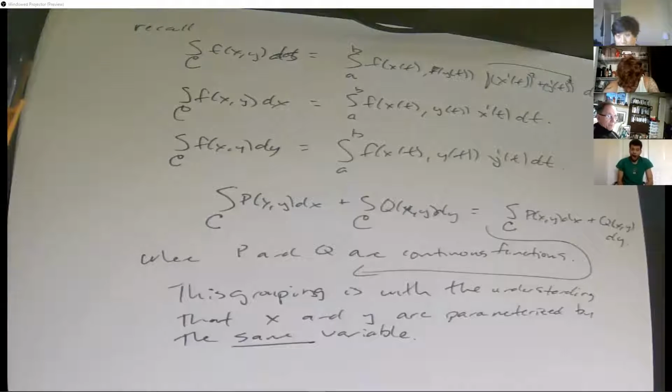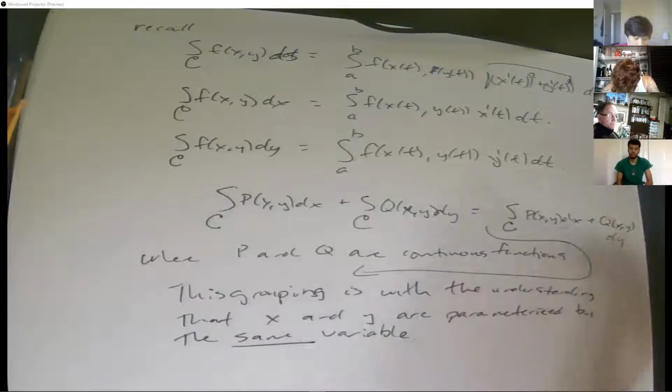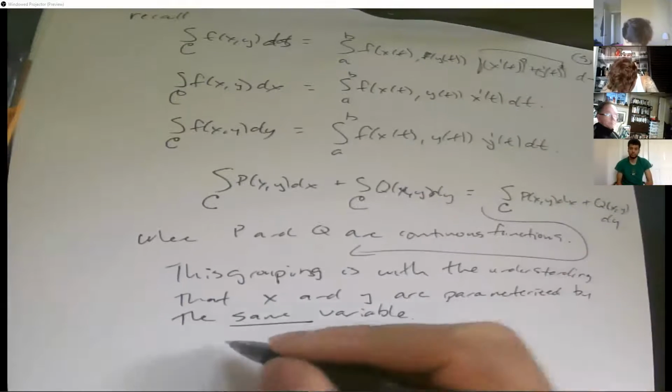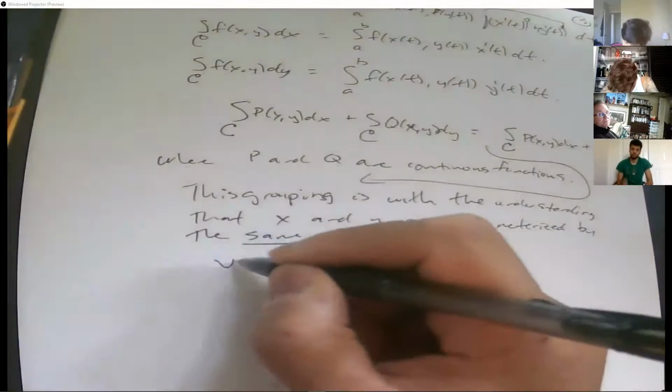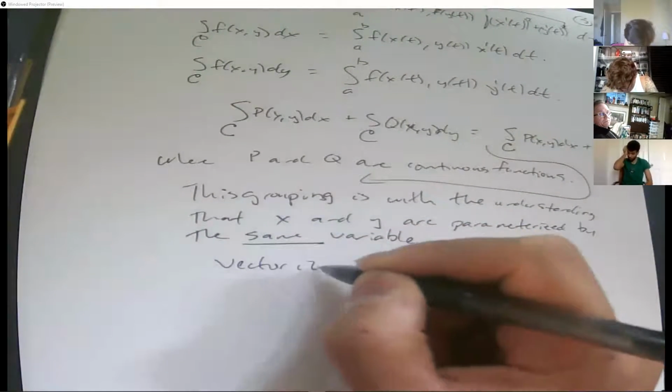That's a lot of effort, right? So that says we should vectorize this notation and these ideas for a more concise description of our objects. Vectorize things.